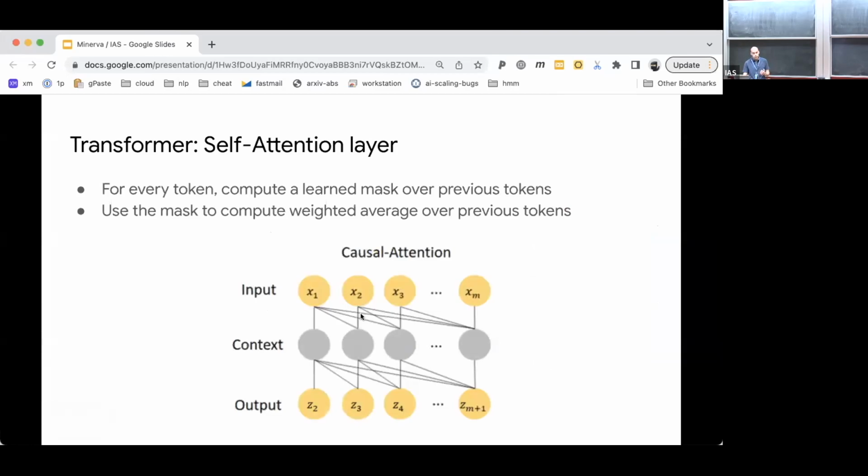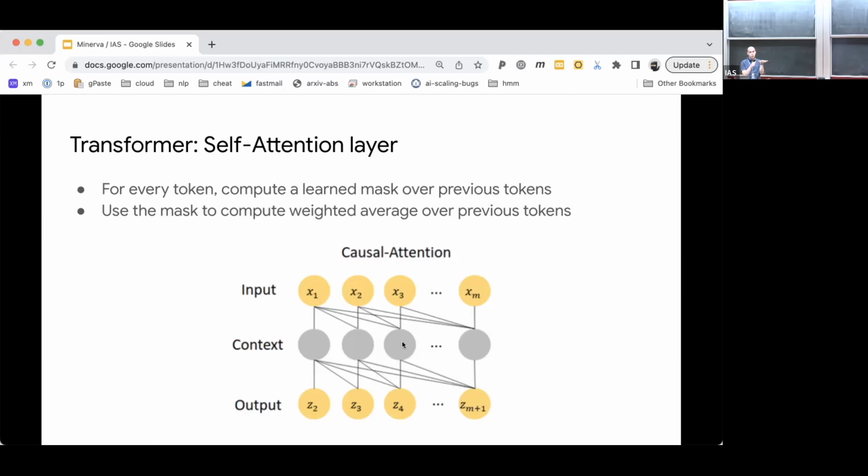The next part is a bit more involved. This is the self-attention layer. And this is the thing that gives us the multi-token interactions. So first I'll describe the general idea of this layer, and then I'll give all the formulas so you can see how it actually works. So the idea of self-attention is for every token, we're going to calculate a mask or a set of weights over all the previous tokens.